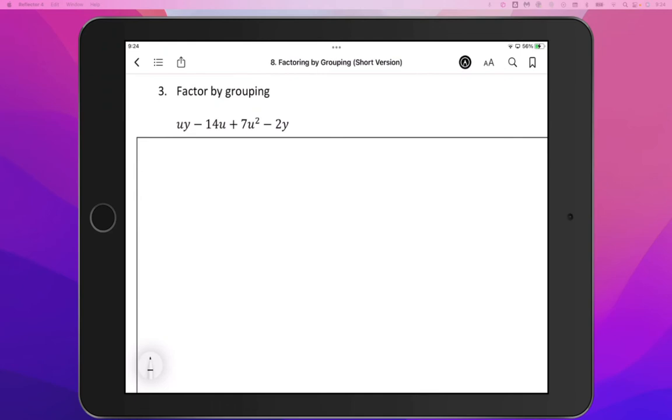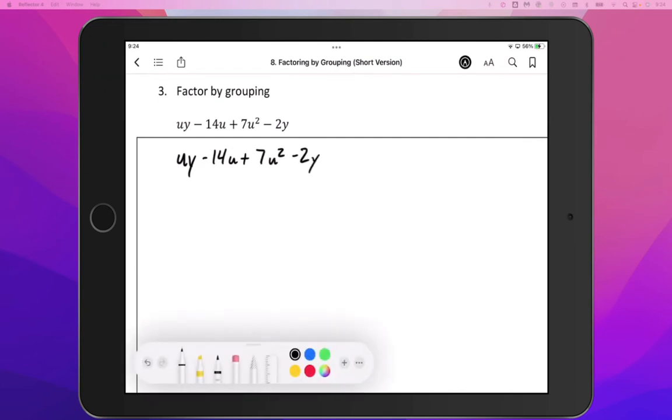And so if I was to do this the way that it's written, I would have a uy minus 14u plus 7u to the power of 2 minus 2y. And at this point, on the left, I would be able to take out a u. On the right, I would not be able to factor out anything because there are no common factors.